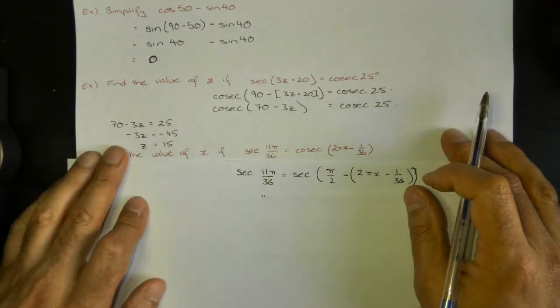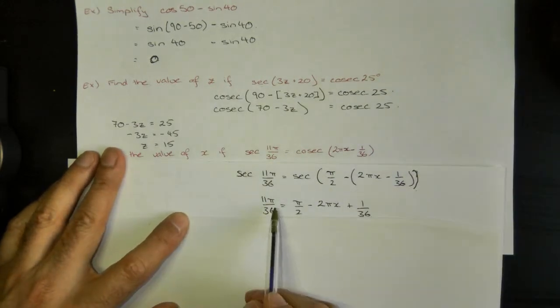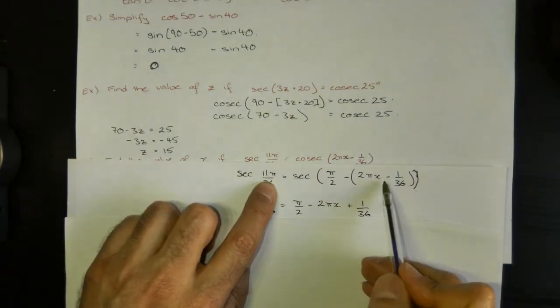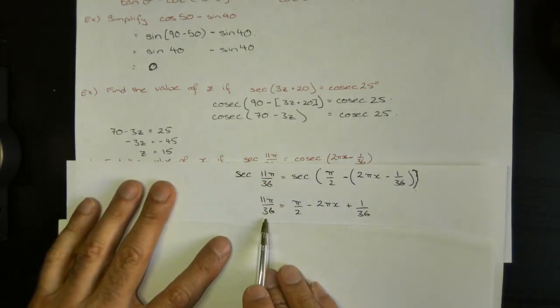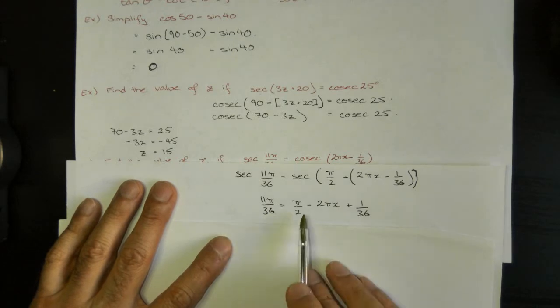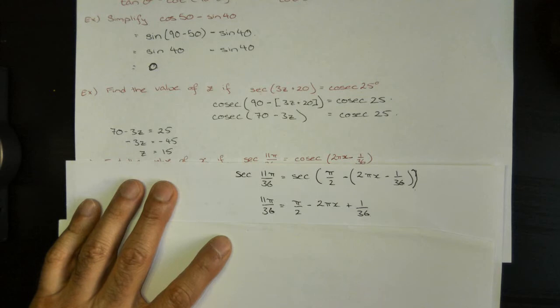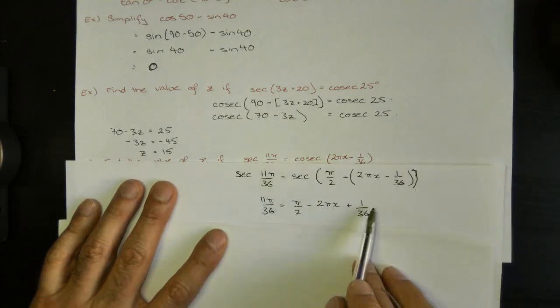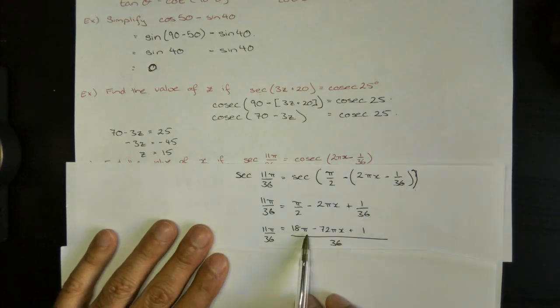Okay? So now we're both in sec mode. I'm just going to take this, and that equals whatever this is. So 11 pi over 36 equals pi over 2 minus (2 pi x plus 1 over 36).